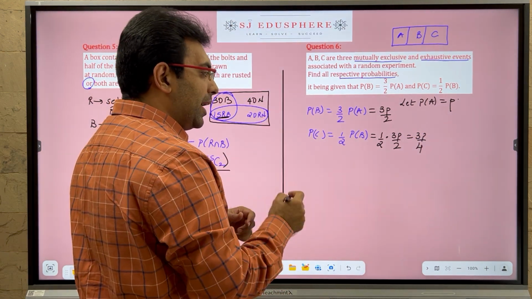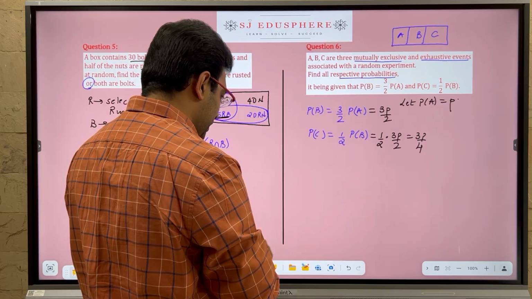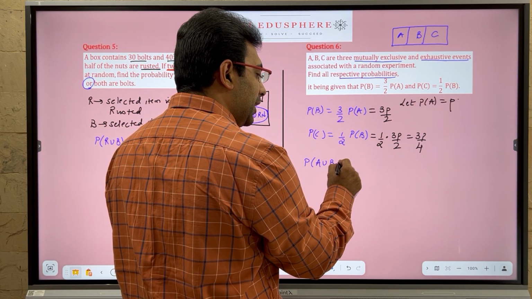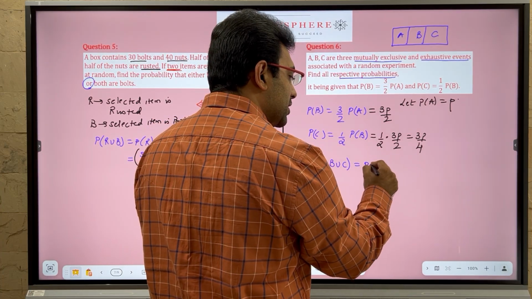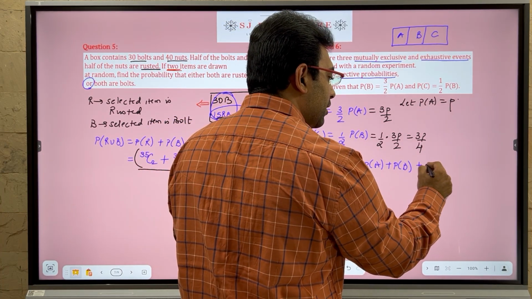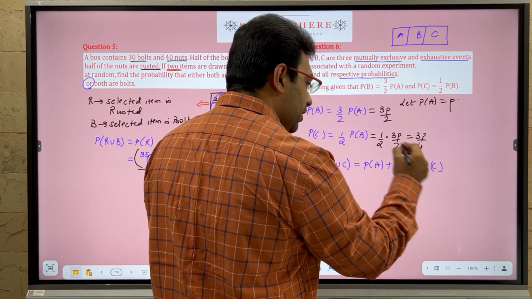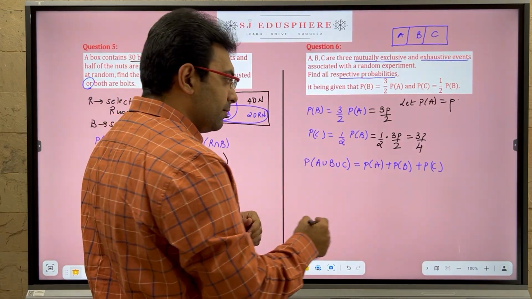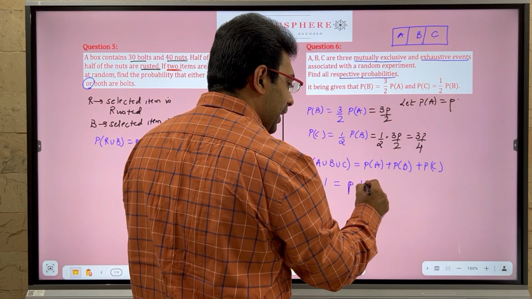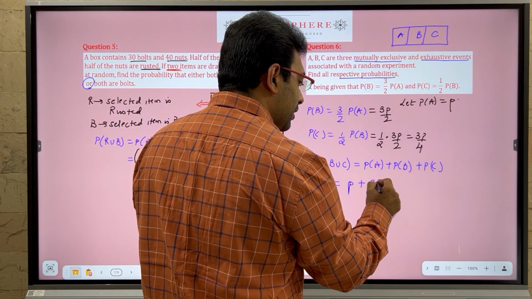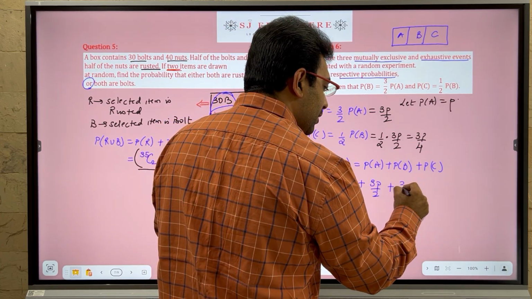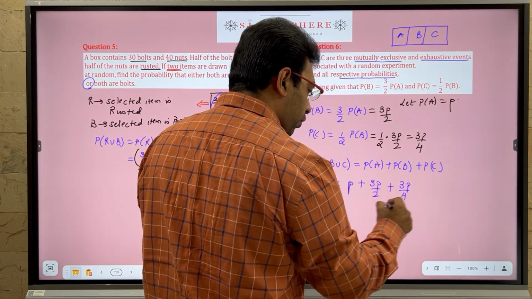Since they are mutually exclusive and exhaustive, can I say probability A union B union C is probability A plus probability B plus probability C, which we know is 1. So 1 is equal to probability A. Probability B is 3P upon 2 and probability C is 3P upon 4.